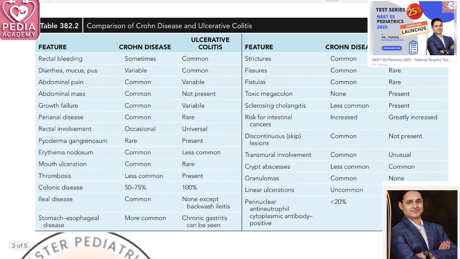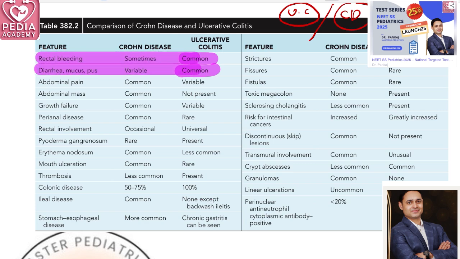Now we will discuss another high yield table comparing symptoms and other features in Crohn's disease and ulcerative colitis. First we'll dissect this table as to which conditions are more common in UC and which are more common in Crohn's disease. So I'm highlighting in different colors. Rectal bleeding and diarrhea are more common in ulcerative colitis.